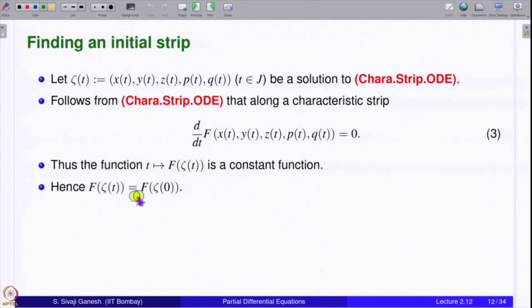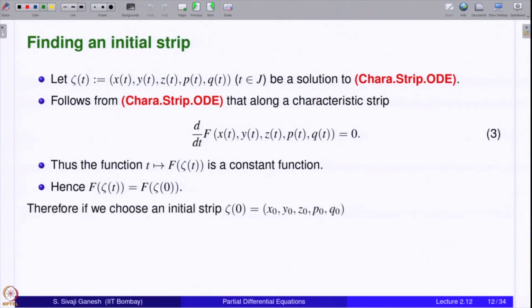Therefore, we are going to require that F of zeta 0 is 0, that is what we are going to ask. So, if we choose an initial strip zeta 0, which is x0, y0, z0, p0, q0, such that F of that is 0, it means F of zeta t will be 0 for all t in J.